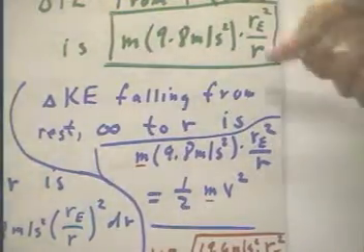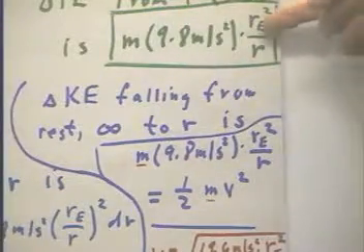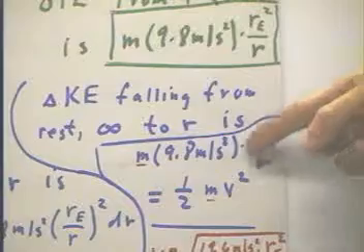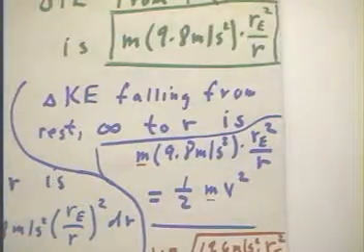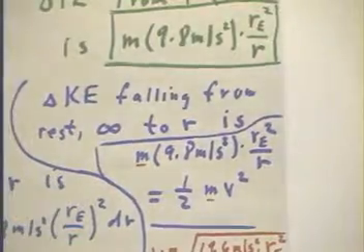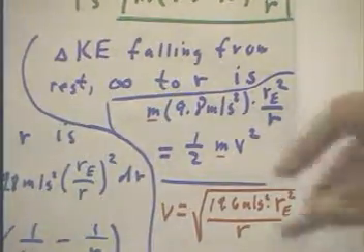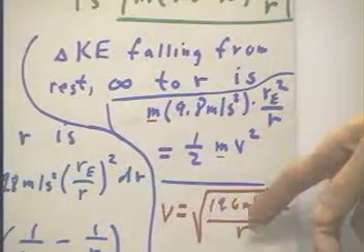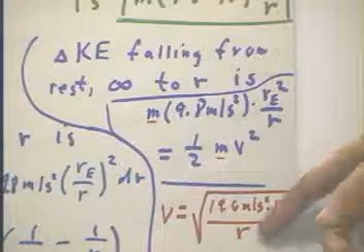So the potential energy decrease would be the negative of this, and the kinetic energy then would gain this much, which would be just the same expression, and that would equal our 1/2 mv squared, our kinetic energy. Well, we can easily solve that for v, and we get v is the square root of 19.6 meters per second squared times re squared over r.